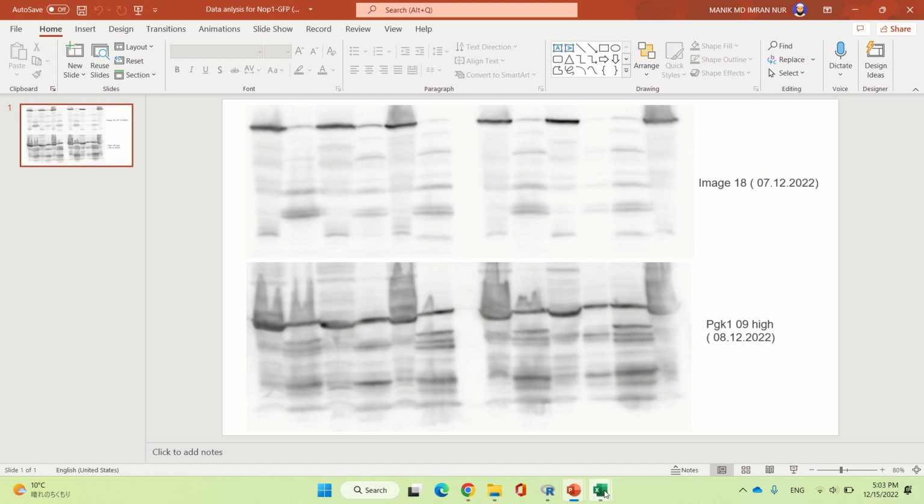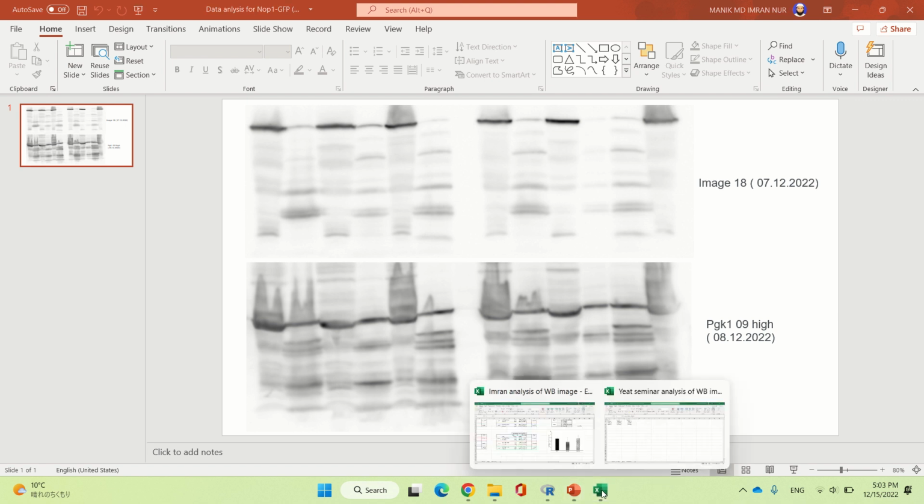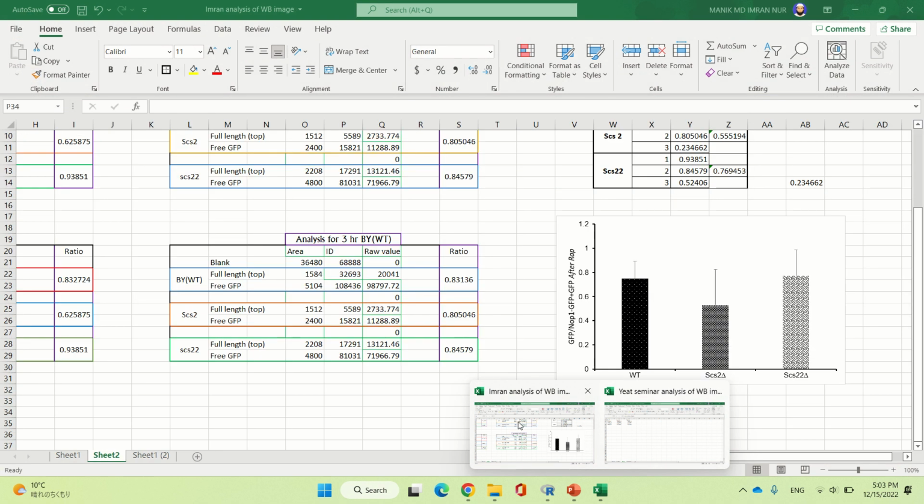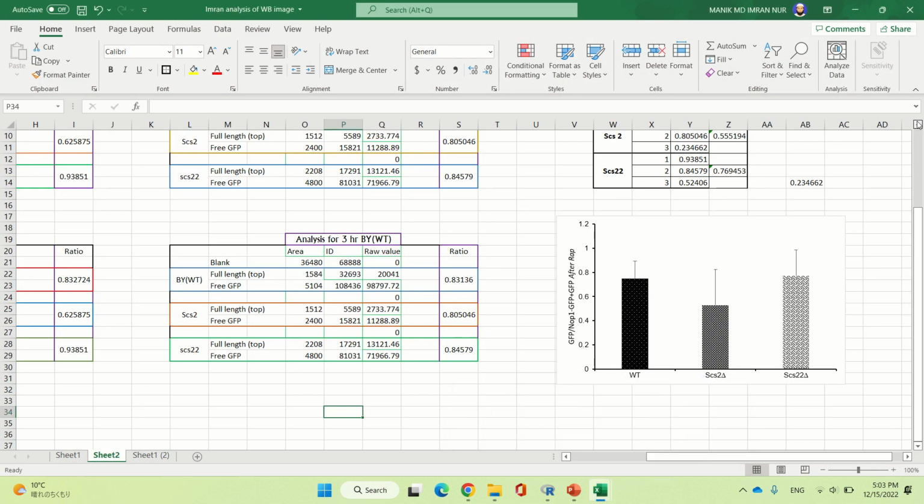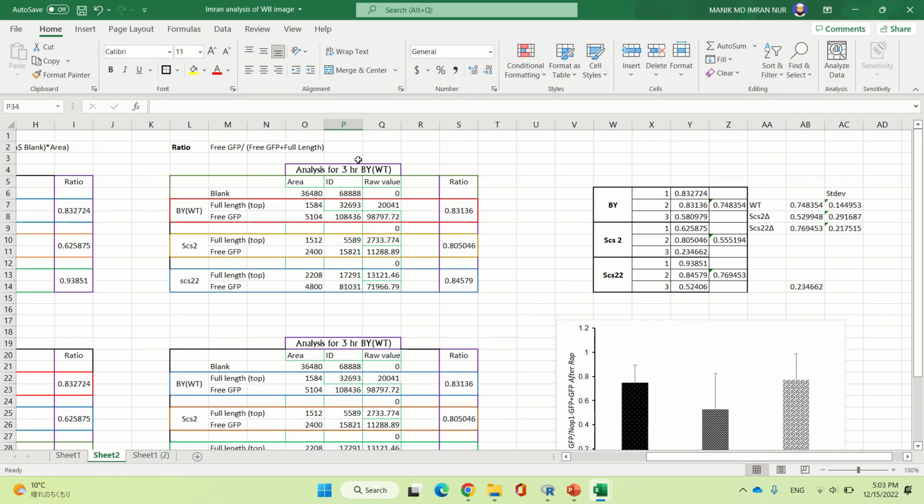I want to show you the formula, whether I have the formula correct. My formula is this one.